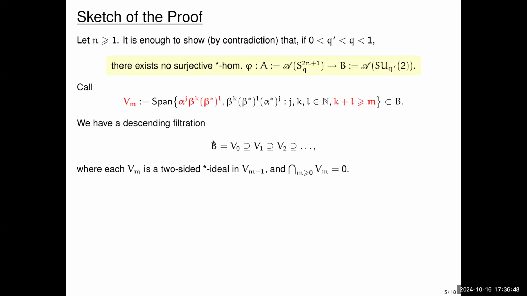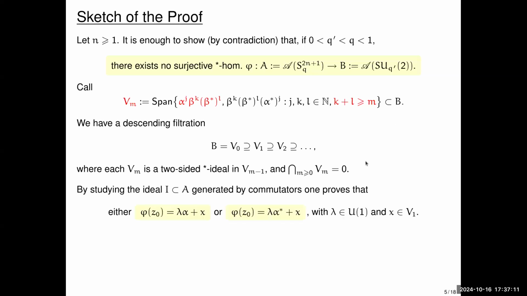Next, you show that you have a descending filtration by ideals. So V_0 is B, V_2 is inside V_1. Each one is a two-sided star ideal in the one before, and the intersection is 0 because you get greater and greater m; in the intersection there are only the zero polynomials.